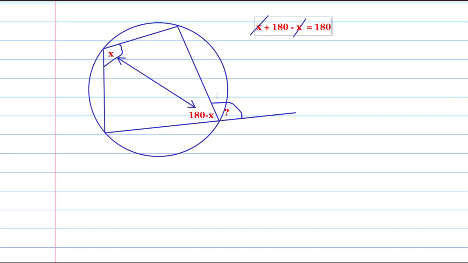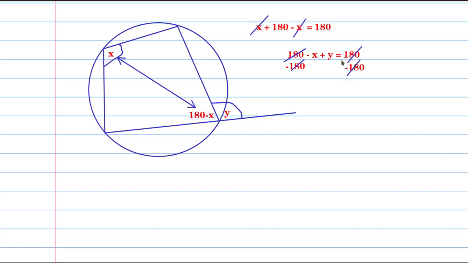So from there, let's find this angle on the other side. Maybe let's call it y. So 180 minus x plus y should give us 180 degrees. We want to find the value of y. We first subtract 180 from both sides. Then this cancels that, same applies to this side.